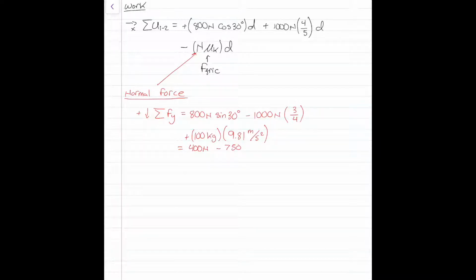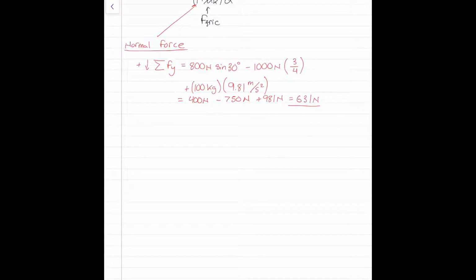If you simplify this, you'll get 400 newtons minus 750 newtons plus 981 newtons. And if you simplify this further, you'll get 631 newtons, and that will be your normal force that we'll go ahead and plug in to get our friction force.